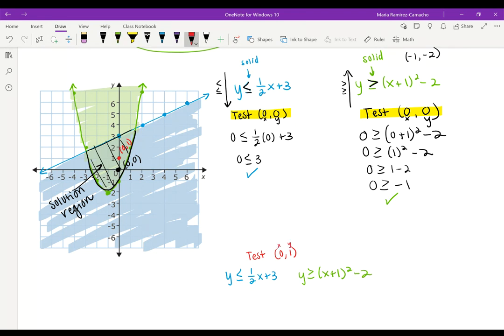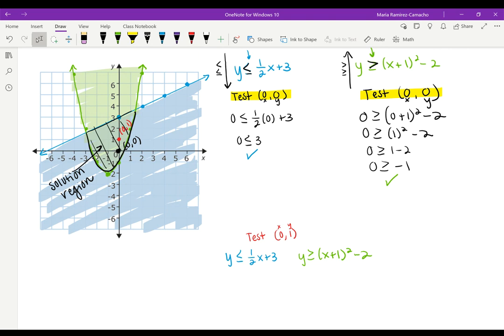Okay, so plugging in 0 for x, 1 for y. Again, we've already shaded. We already know where the solution region is. We're just proving that points in the solution region make both inequalities true. Because that's the definition of a solution to a system of inequalities.